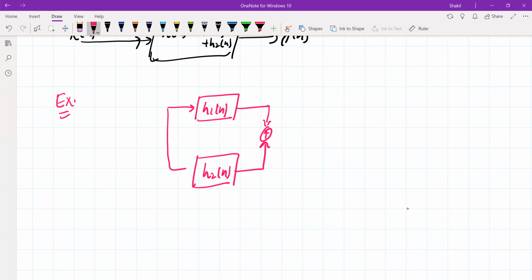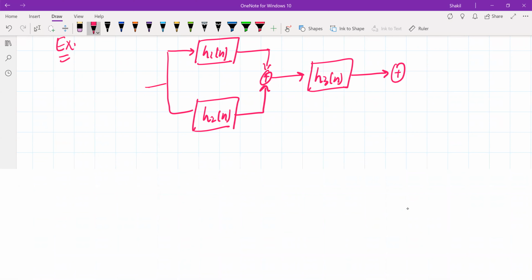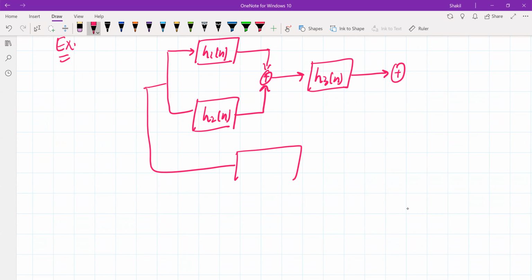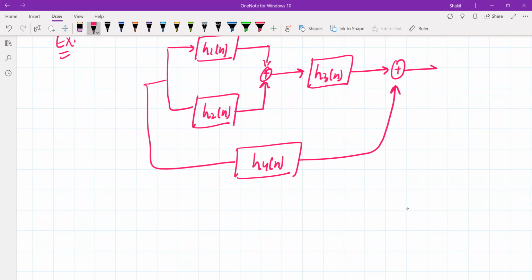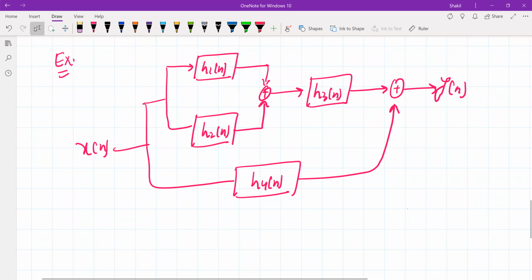So this is our system, where x of n is the input and y of n is the output.